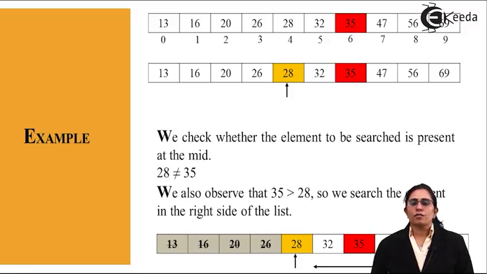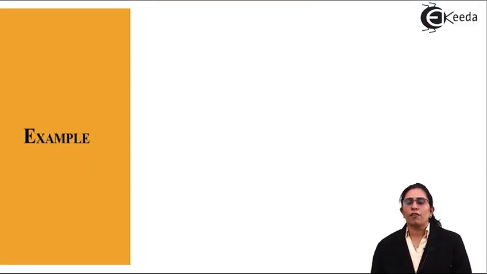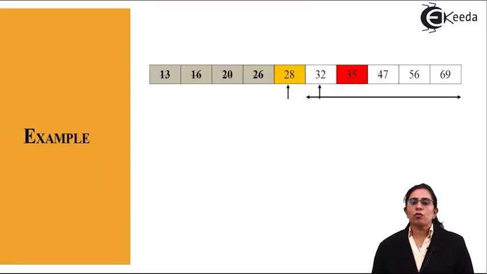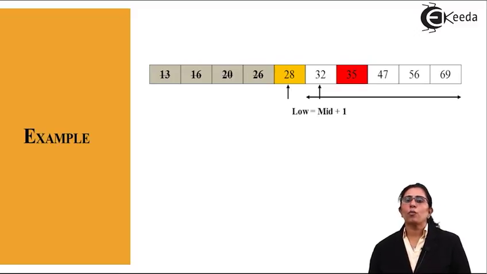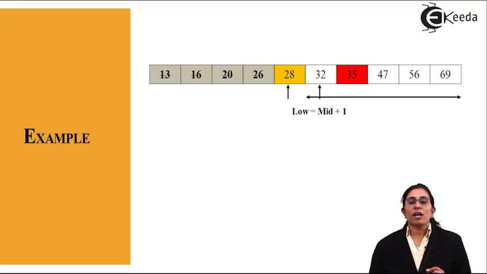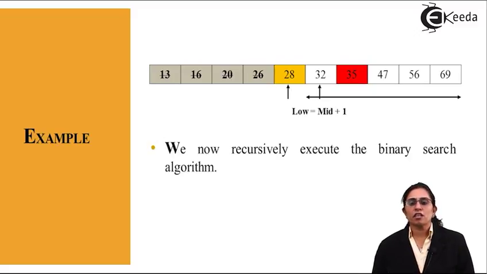Now what happens? For this particular 35 that is on the right hand side, we do low is equal to mid plus 1. So when I say low is equal to mid plus 1, the location where 32 is stored becomes the low for my array and high remains at 9. We now recursively execute the binary search algorithm. Now here if you see, my low is 5, my high is 9.